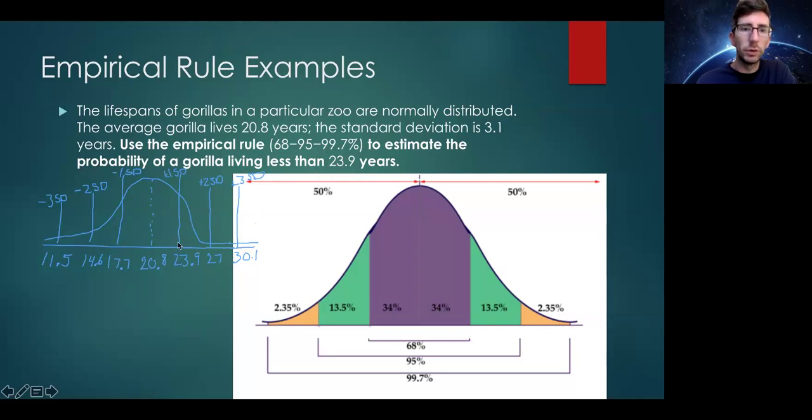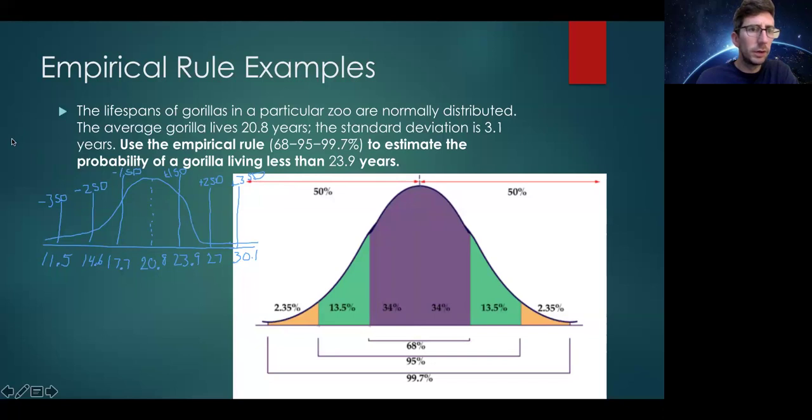So if we use our 23.9 as our cutoff, we find the area under the curve to the left of 23.9, right? Because it's the probability of a gorilla living less than 23.9 years. So we want all the ages less than 23.9, which is everything to the left of our cutoff.